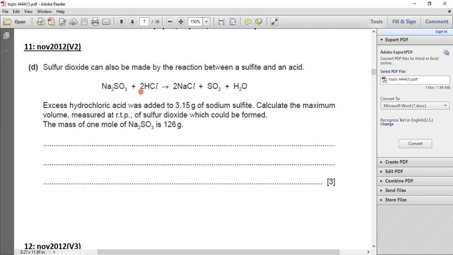Actually, here, there is no information about sulfur dioxide in the question. But you will use another one to reach sulfur dioxide. We use another one as a guide for us.